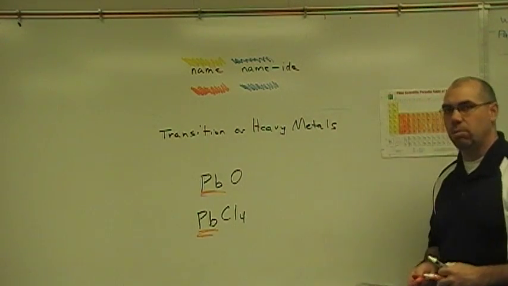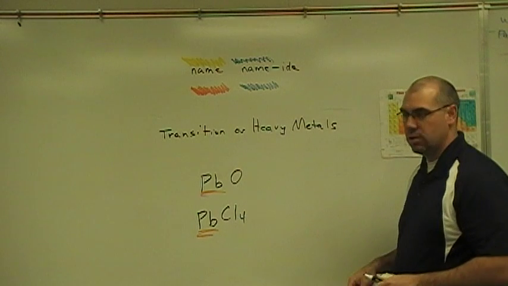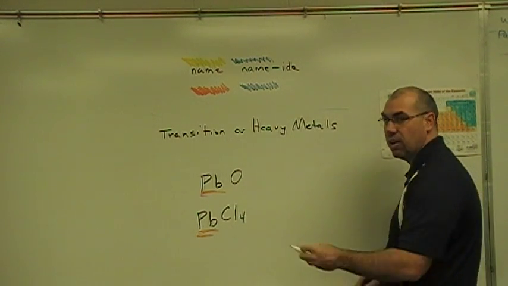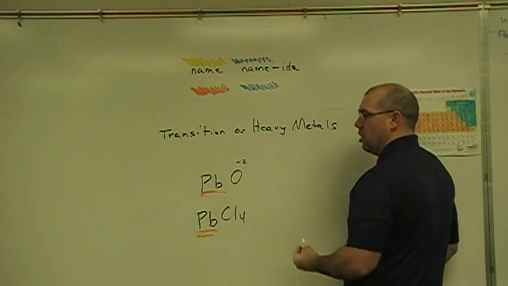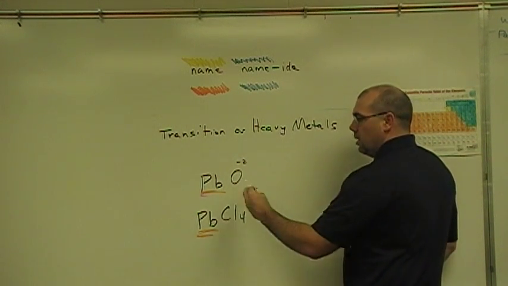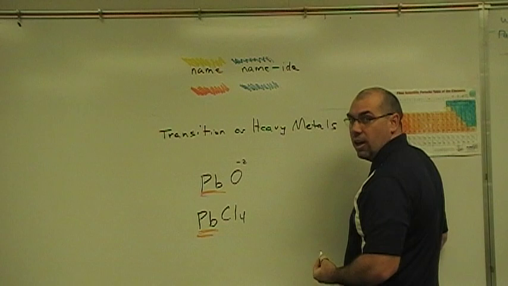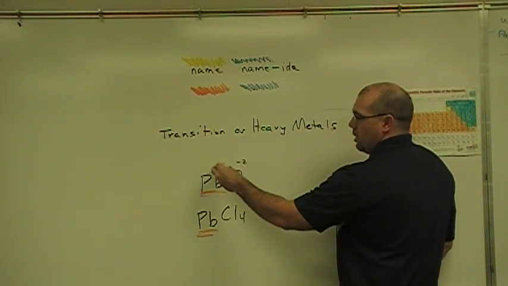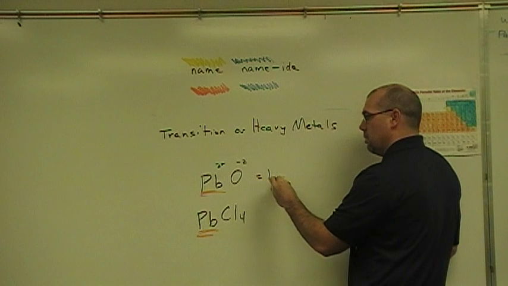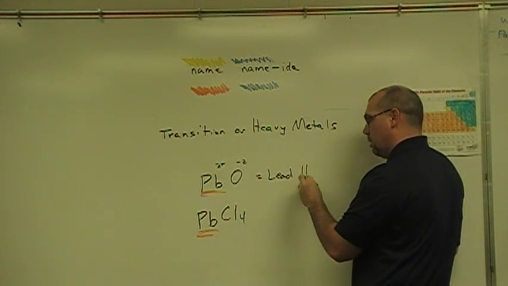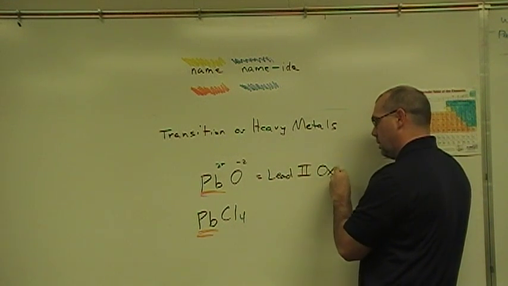So their position on the periodic table doesn't tell me their charge. Their column doesn't tell me their charge. I have to figure it out using the nonmetal. So I know that oxide has a charge of -2. So for this to cancel out and have an overall charge of 0, I know lead must be 2. So this thing's name is lead 2 oxide.